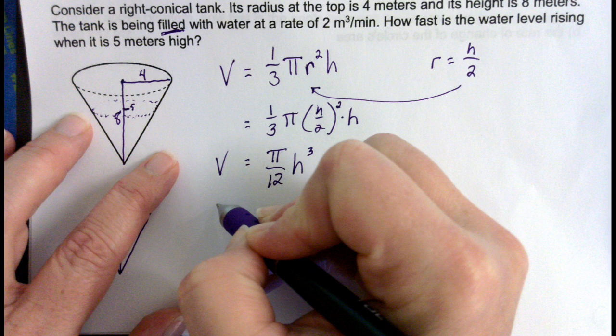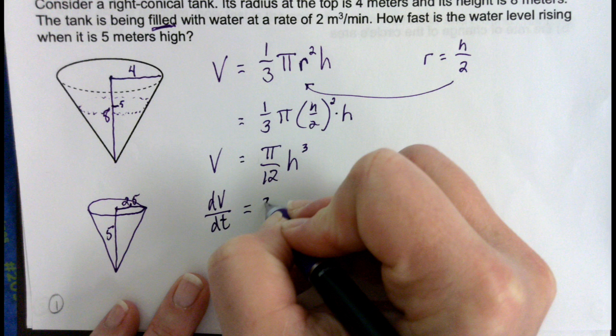H is the x variable though, right? It's the independent one. Sure, this is the y and this is the x if you want. But I am not taking the derivative with respect to one of those variables. I'm taking the derivative with respect to time.